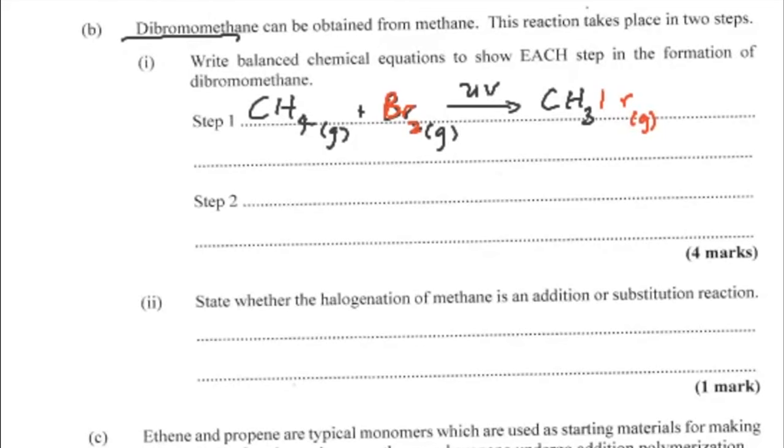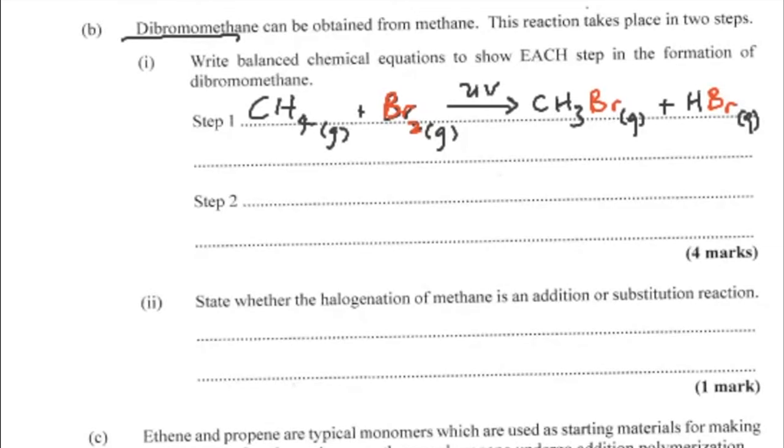And then we also get CH3Br, which should be a gas. Now, the other bromine is not forgotten. It's the one we started out with that has gone to give hydrogen bromide.